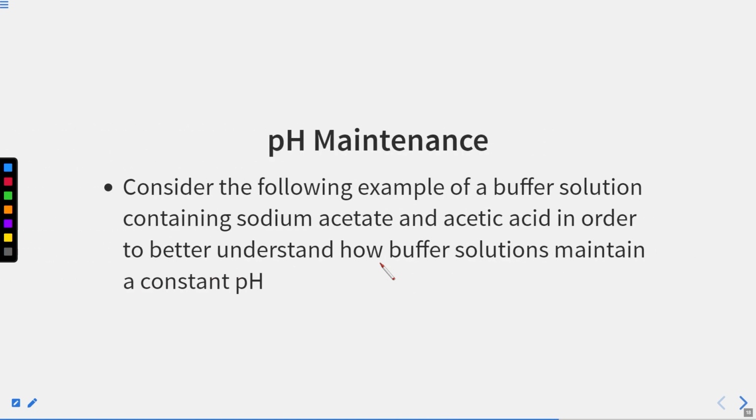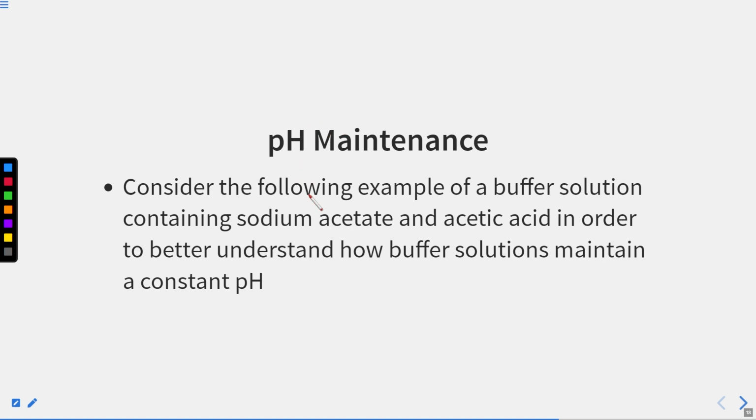pH maintenance. If you are doing any type of reactions, and you all know that in the natural environment, and even in the cell, so many biochemical reactions are taking place, and all the biochemical reactions taking place have a specific pH, which means the pH is very, very important.